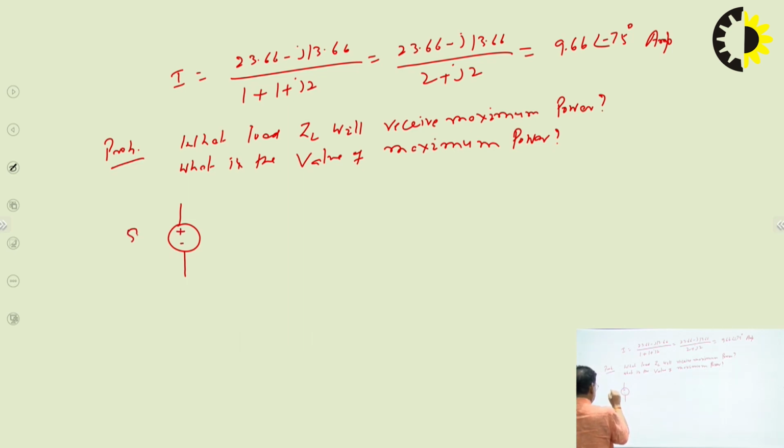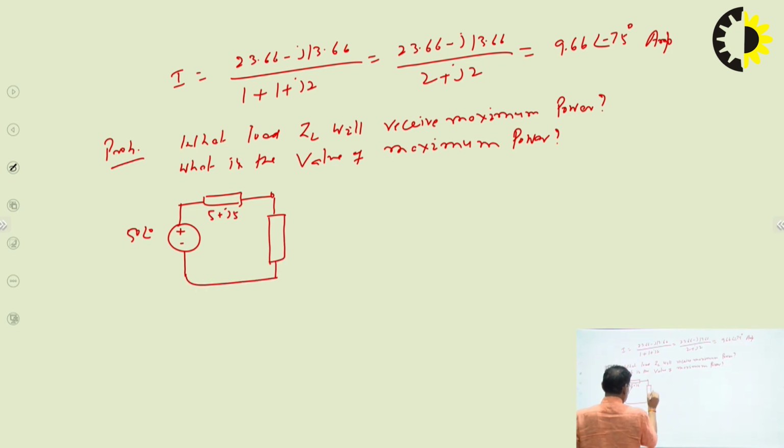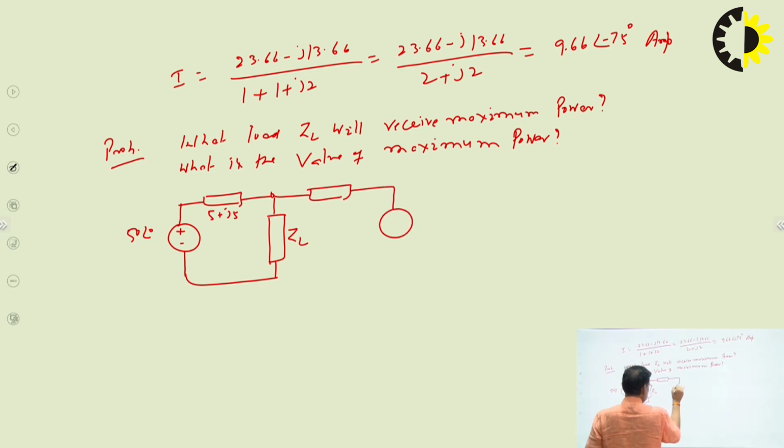This is 50 angle 0 degree, then there is one impedance 5 plus j5, then this is your ZL, and then we have another voltage source, 25 angle 90 degree, with an impedance of 3 minus j4.